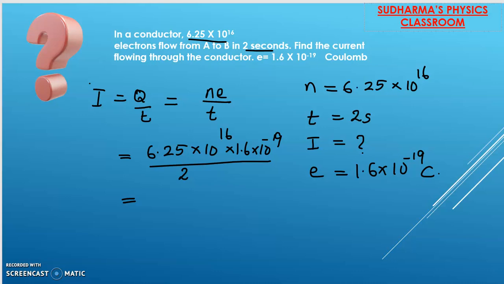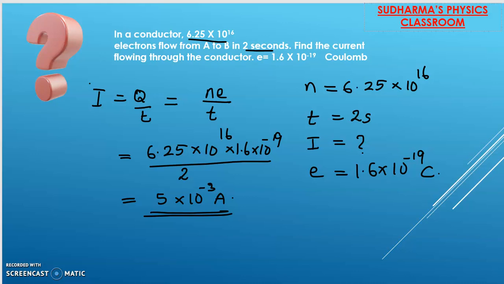That was 6.25 into 10 power 18. There we did the calculation 1 by 1.6, right? So then we got this value. Here, you do the calculation and find out the answer. The answer is going to be 5 into 10 power minus 3 amperes. So this is the answer, 5 into 10 power minus 3 amperes.